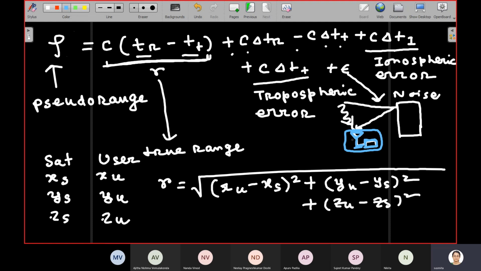Depending on how the signals got reflected and when they reach the receiver in comparison with the direct line of sight signal, these reflected signals can mix with the direct signals and provide bad quality measurements. So reflected signals are called multipath.